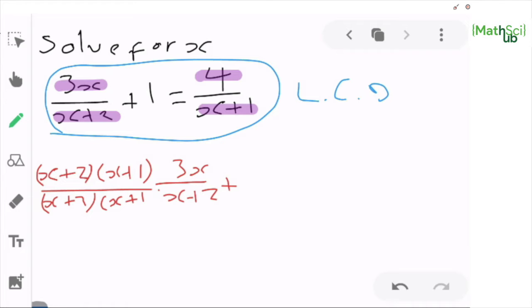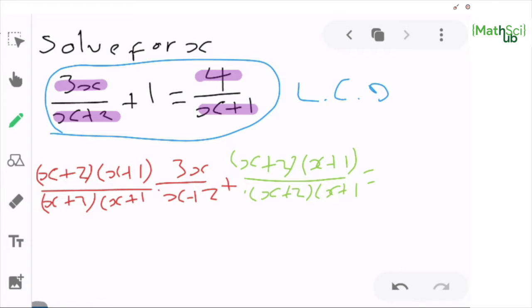Whatever we did here, we are going to do also to this one, meaning we are going to get x plus 2, x plus 1 all over x plus 2, x plus 1. Moving to the other side of our equal sign, whatever you do on the left you do on the right as well.